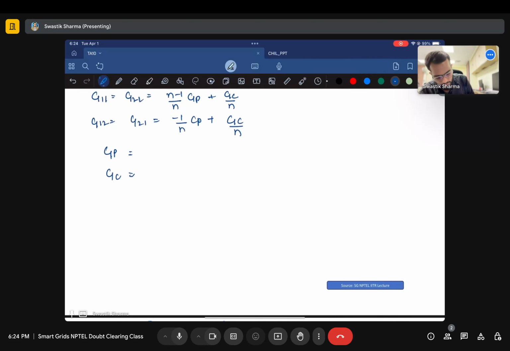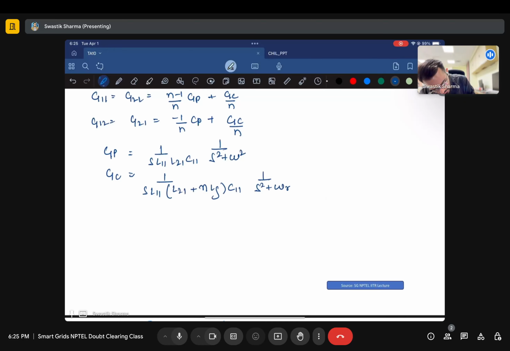So GP is 1 upon S L11 plus L21, C11, and you have 1 upon S square plus omega square. Similarly, GC, since you are taking into account your LG as well, is 1 upon S L11 plus L21 plus NLG times C11, and 1 upon S square plus omega R square.